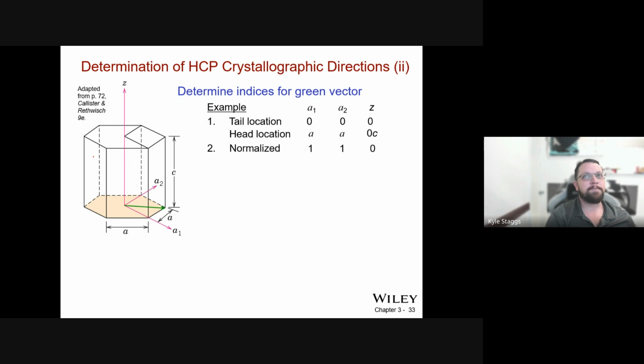The head location is at A, A, and 0, C. So we normalize by dividing by A or C as appropriate, meaning A over A equals 1, A over A equals 1, 0C divided by C equals 0. So that's how we get to our normalized values. The reduction is 1, 1, 0. The brackets are 1, 1, 0.